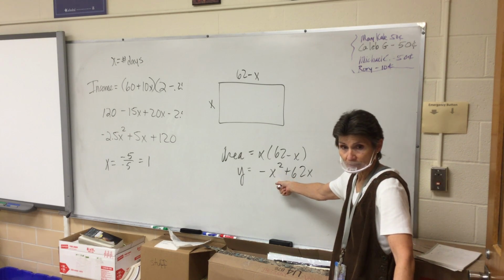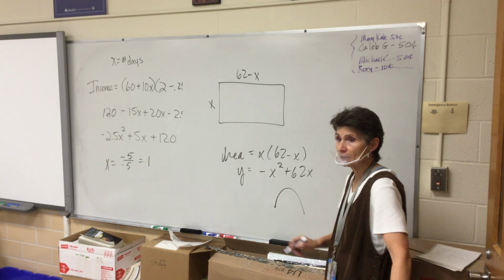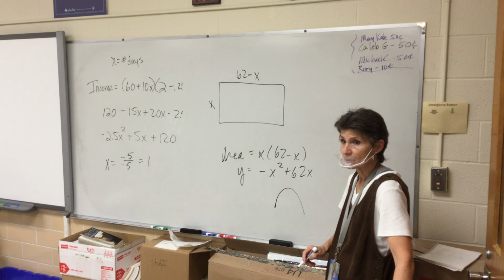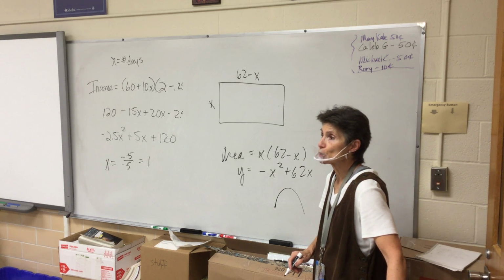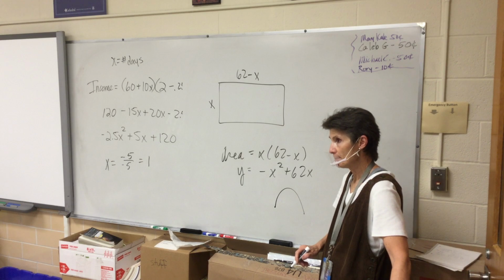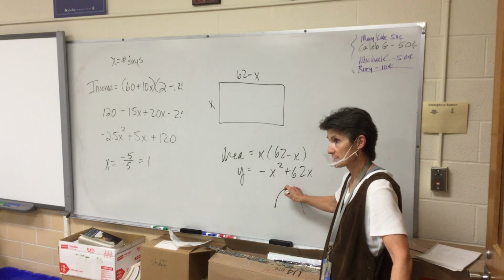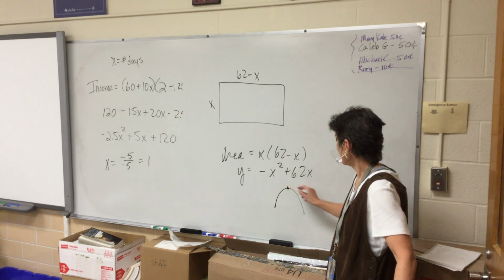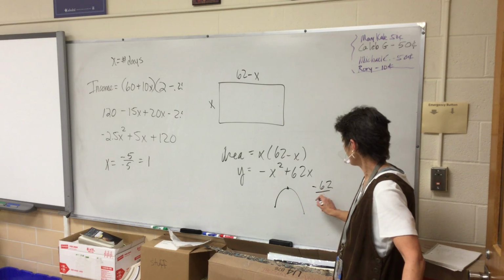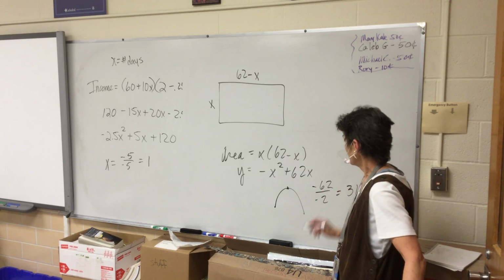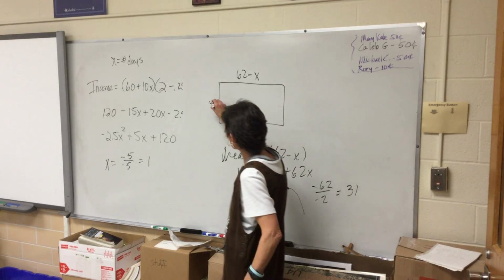Negative X squared. Parabola opening down. I want the largest maximum vertex, negative b over 2a. Looks like X needs to be 31.